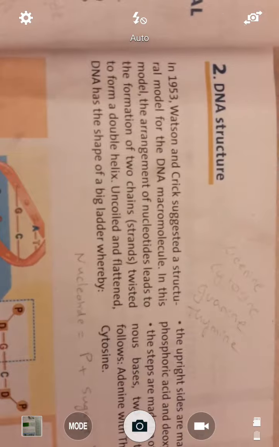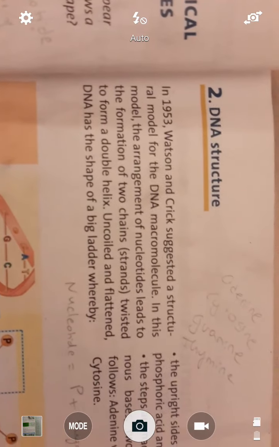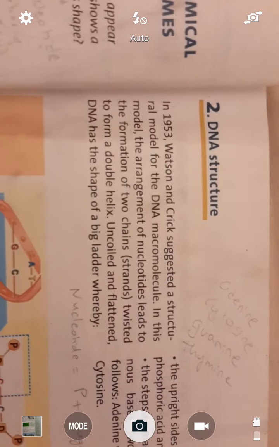Now, structure of DNA. In 1953, Watson and Crick suggested a structural model for DNA. As we said previously, the DNA is a double helix, okay, double-stranded, which means that it is made up of two chains, two strands, twisted, not flat.